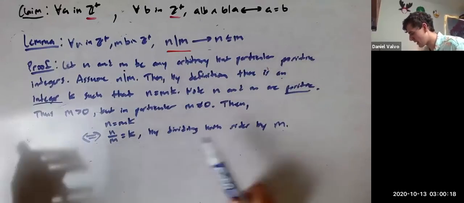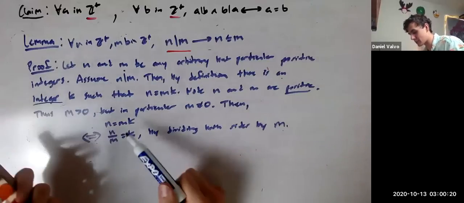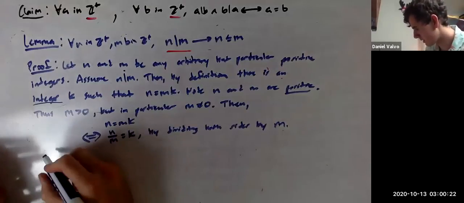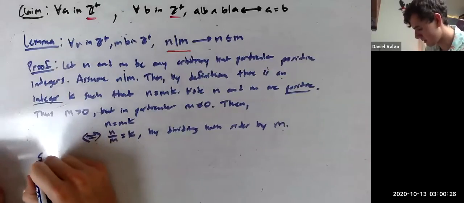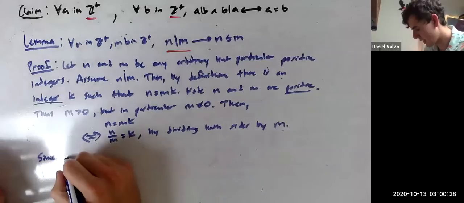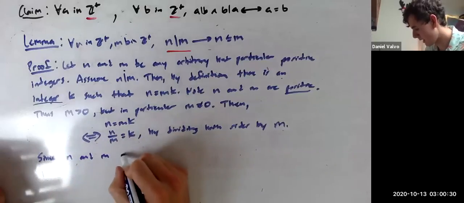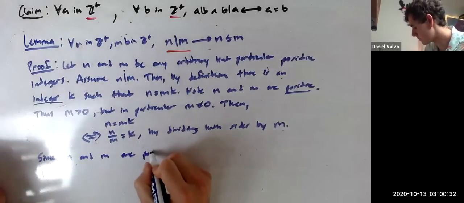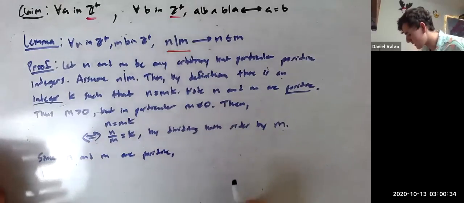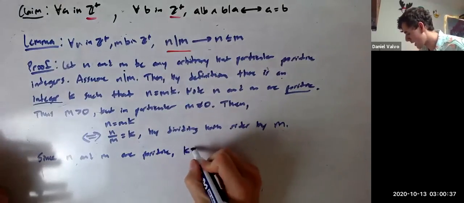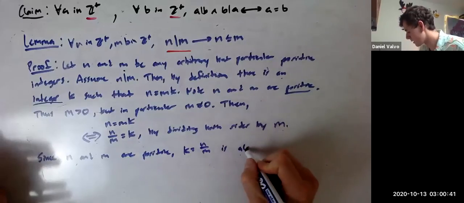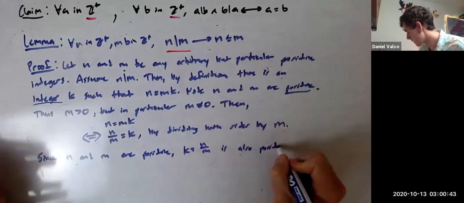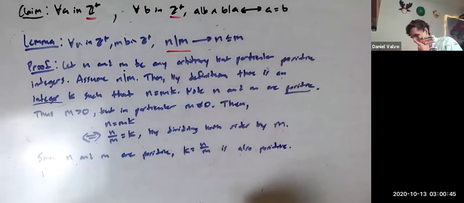So we have n over m equals k. Note, I'll say, since n and m are positive, k, which equals n over m, is also positive.